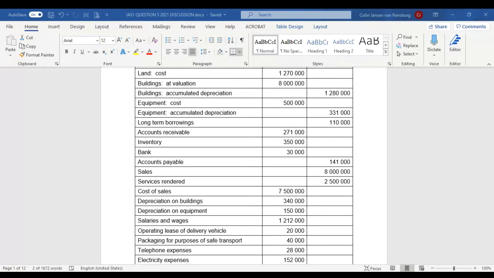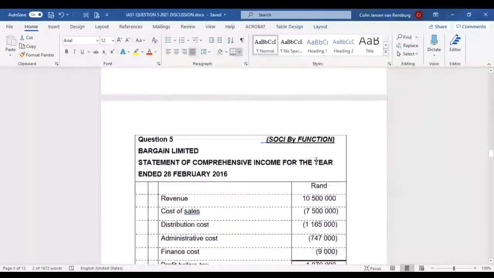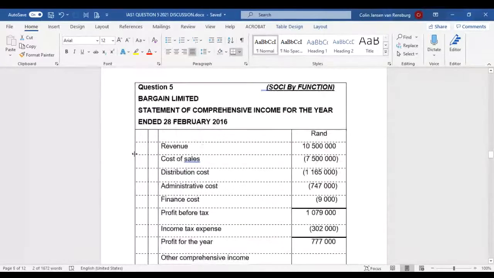We add them together, so that'll be 10,500,000. Okay, so now we have our first line item on the face of our statement of comprehensive income. There we go, right? So our first item, revenue, and it is the 8 million plus the 2,500,000, right? So we add them together.